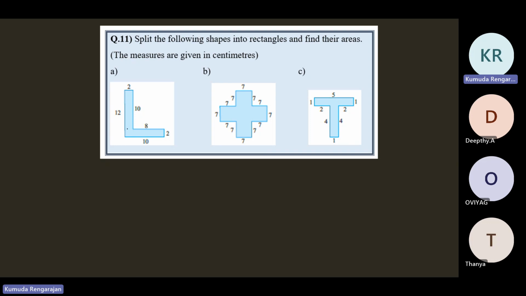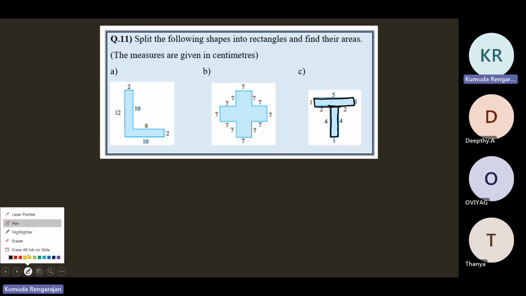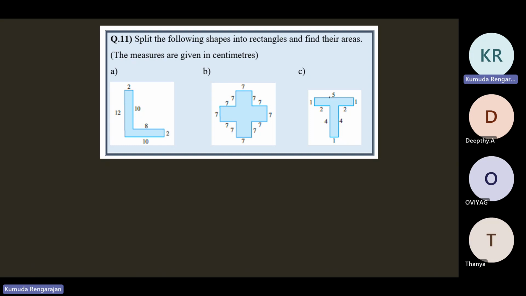Here also work both the methods. Join like this and work, join like this and work. So 2 methods for each. 2 methods for this one, 2 methods for this one. And the last one, you can just join it like this. So you have one rectangle here and one rectangle here. Or you can join it like this also. See here, you can join like this.